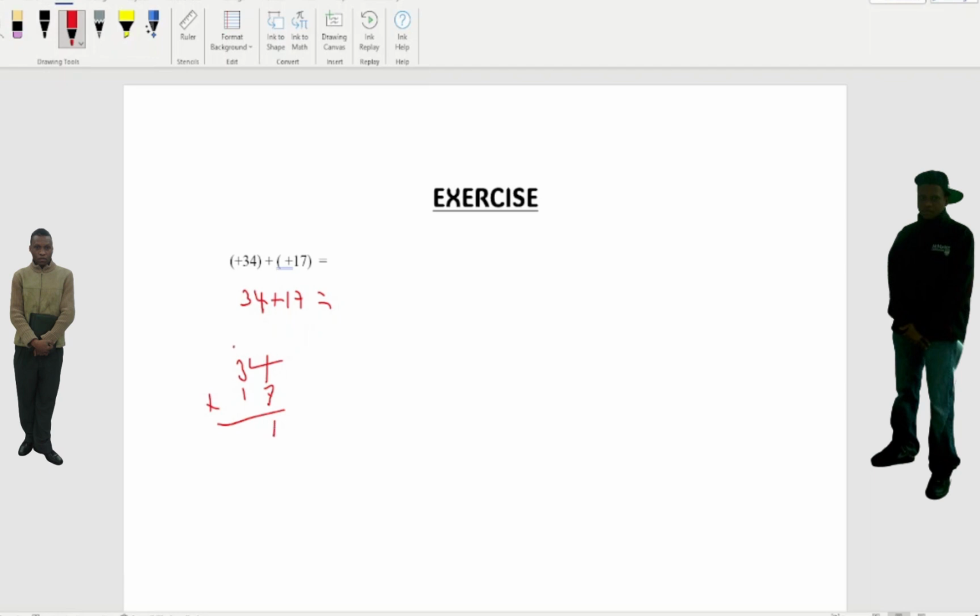We put 1 here, we carry 1 on top. 1 plus 3 equals 4, plus 1, 5. So the answer is plus 51. This is the answer, because here we have positive, here positive. This one stays the same, just leave it the way it is.